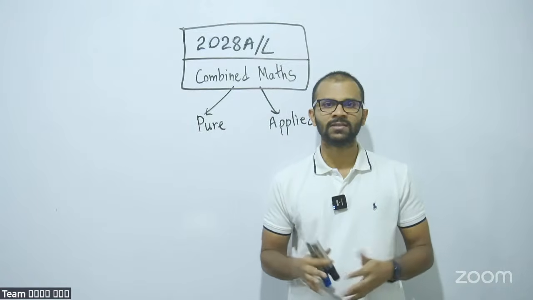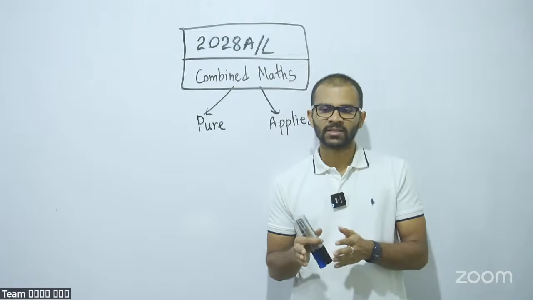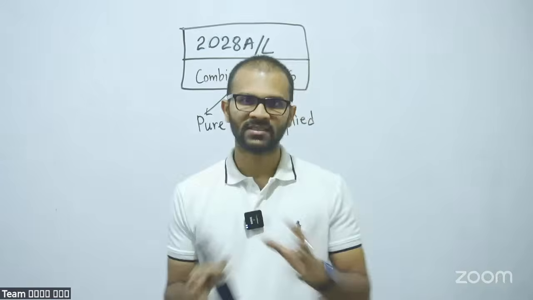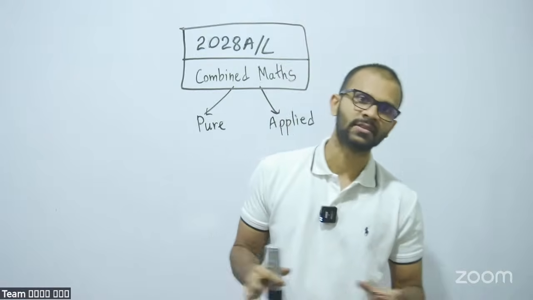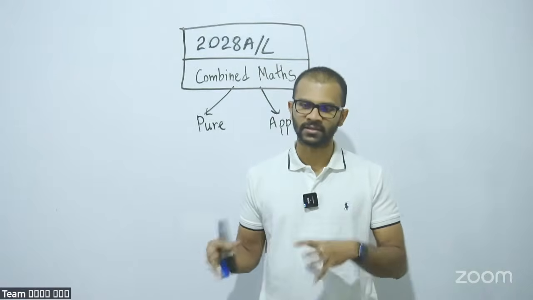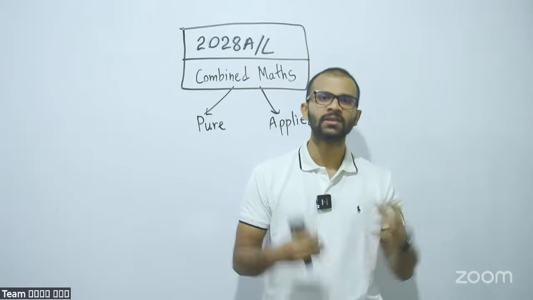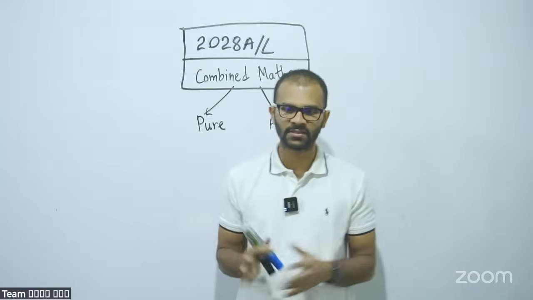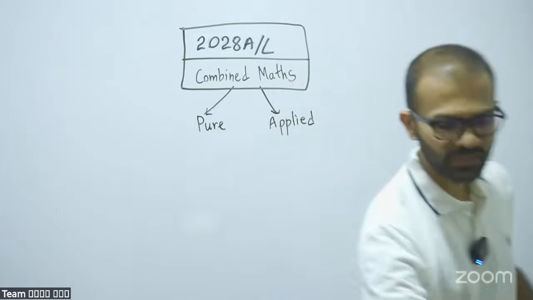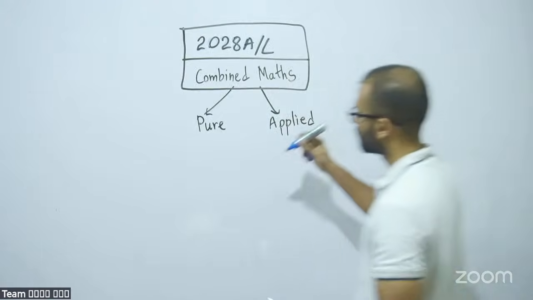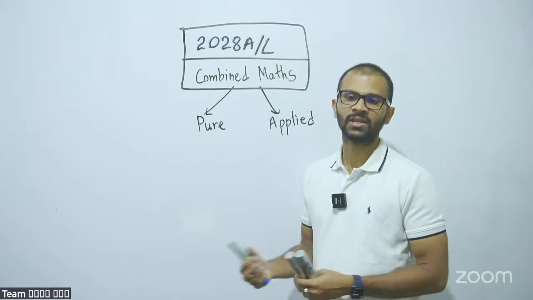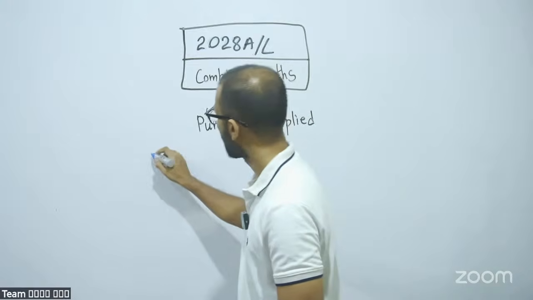Now you know the answer. Before 1999, they had two parts, two papers, two separate results. So it's not combined. So they combine it together and they call it combined mathematics. So that's the first thing we have to do. Otherwise, you will be doing something without knowing the meaning of the name, actually, right?